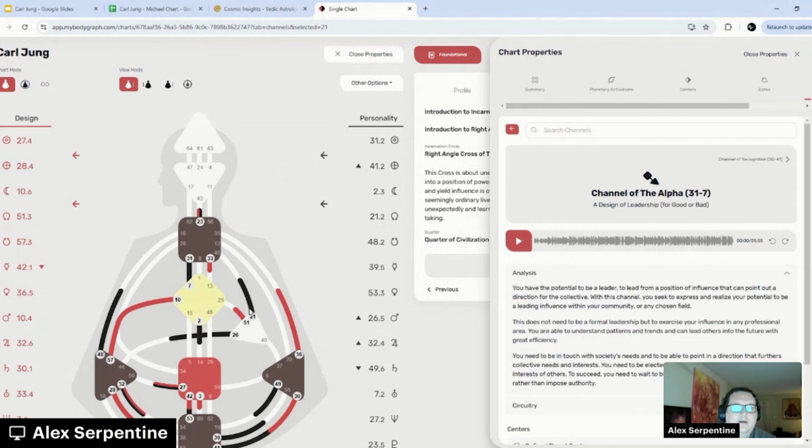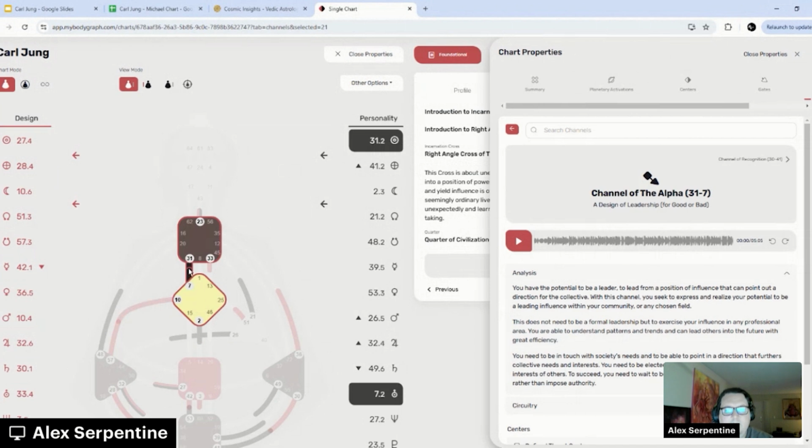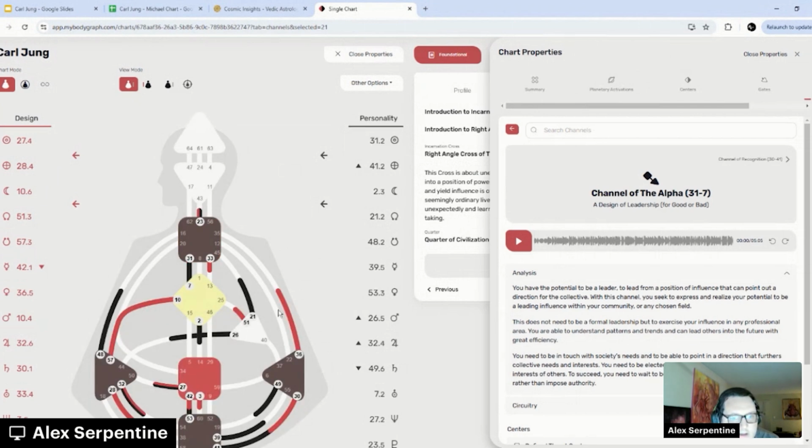And this is one of the main leadership channels. So he's got a strong energy for leadership in general, and he has the ability to influence the collective on a deep level. It's really big on influence. So that's really cool to see.